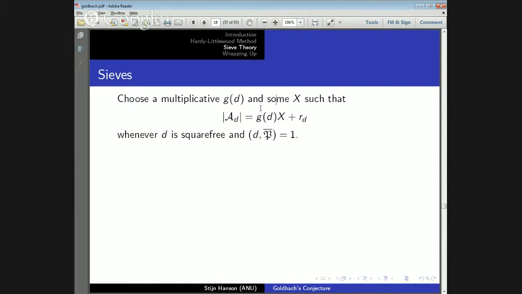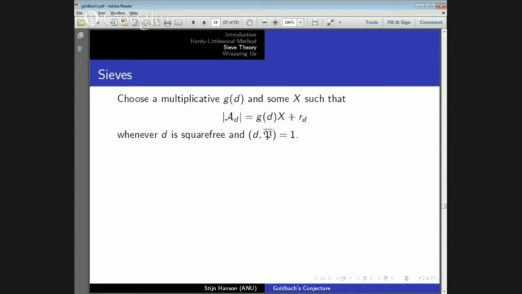And we're going to put a restriction that g has to be multiplicative. Again, if you don't know what that means, don't worry about it too much. It's just a niceness condition which allows us to work with it well. But of course, this is highly unlikely for any interesting set A to give us a perfect equality.